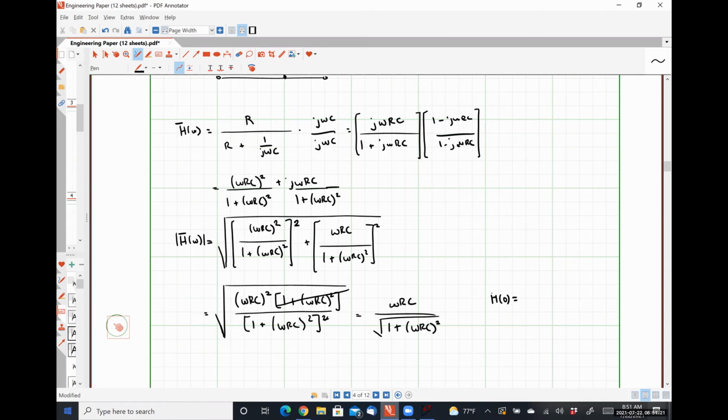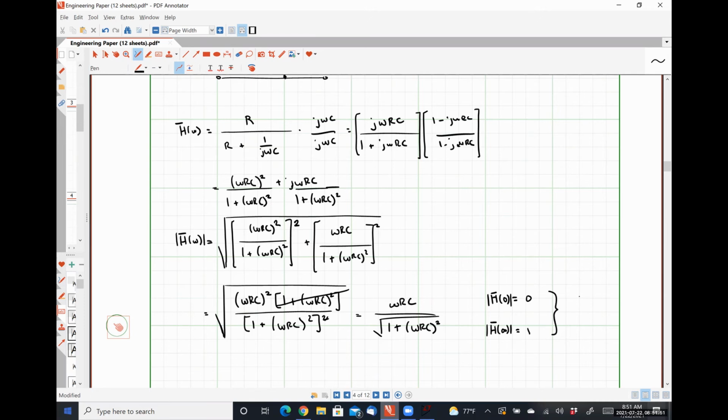The magnitude of our transfer function at omega equals 0 is now going to look like 0 over the square root of 1, which is 0. The magnitude of our response at omega equals infinity is going to look like infinity over the square root of infinity squared, which is just going to be 1.